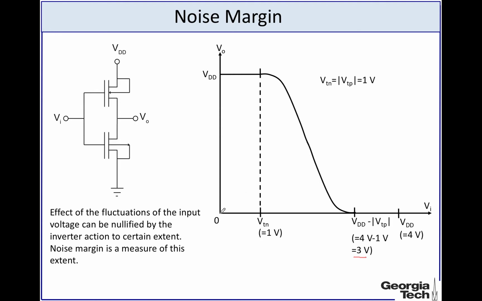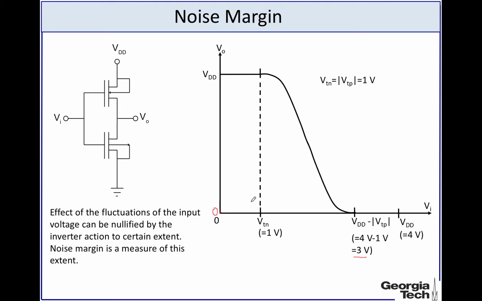Now, clearly what you can see is that when the input voltage is 0, which corresponds to a logic level 0, the output will be VDD, which corresponds to a logic level 1. And similarly, when the input voltage is VDD, which corresponds to a logic level 1, the output voltage will be 0, which corresponds to a logic level of 0.